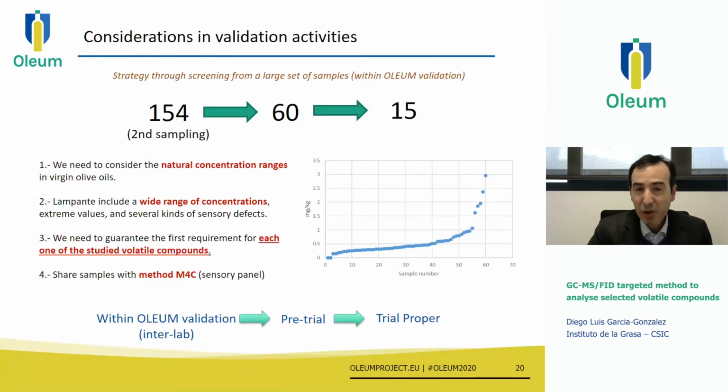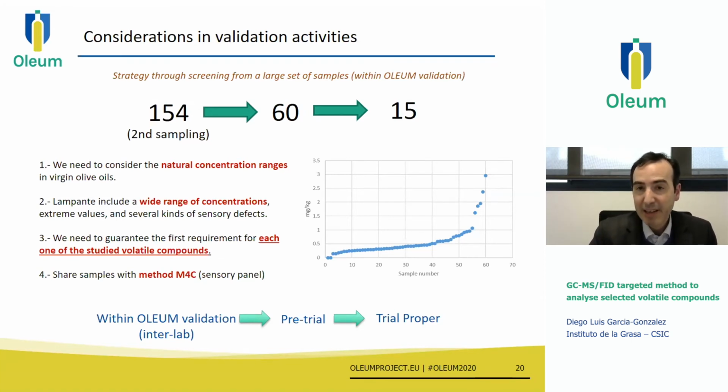So we also consider some important aspects in this validation. One of the most important aspects is the concentration, because we wanted to validate with real concentrations that can be found in real virgin olive oils.